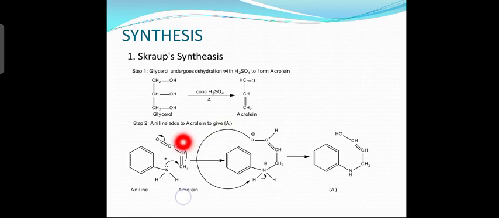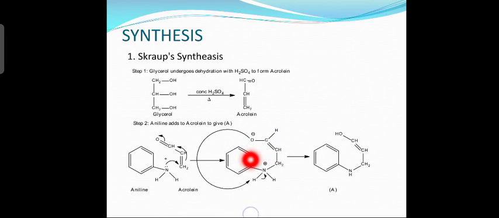This is acrolein. Shifting of lone pair of electrons from nitrogen to this CH2 group takes place. This pi bond gets shifted, so that double bond gets shifted. This carbon becomes positively charged, therefore nitrogen attacks here and then nitrogen will get the positive charge. Then this is highly unstable, once again rearrangement takes place.